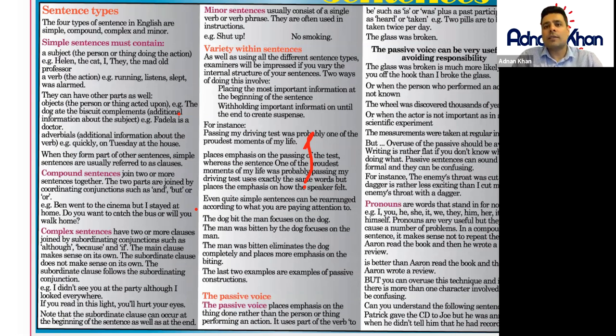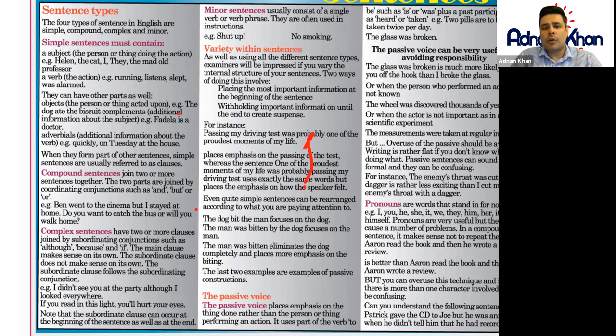So this is how you can identify a sentence in terms of its simplicity and it being called a simple sentence. What's a compound sentence? A compound sentence joins two or more sentences together.